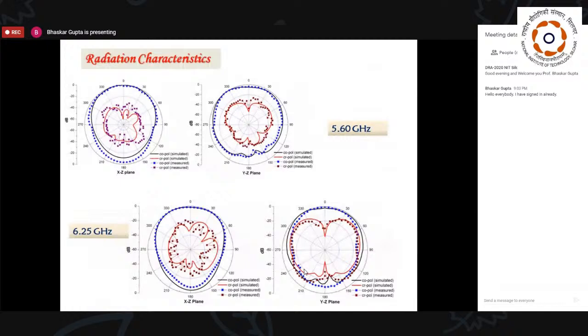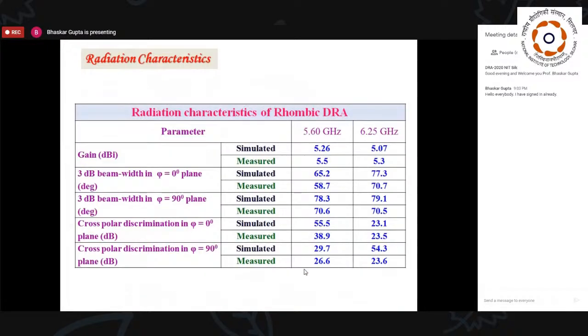These are the plots at the two resonant frequencies, 5.6 and 6.25 gigahertz. It's radiating throughout. And in order to understand the radiation characteristics, we investigated all the radiation parameters like gain, beam width, directivity, everything.